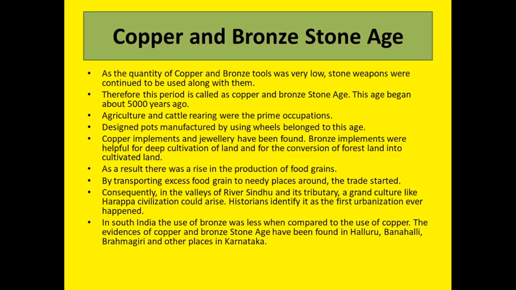Let me tell you about the Copper and Bronze Stone Age. As the quantity of copper and bronze tools was very low, stone weapons continued to be used along with them. Therefore, this period is called the Copper and Bronze Stone Age. This age began about 5,000 years ago.